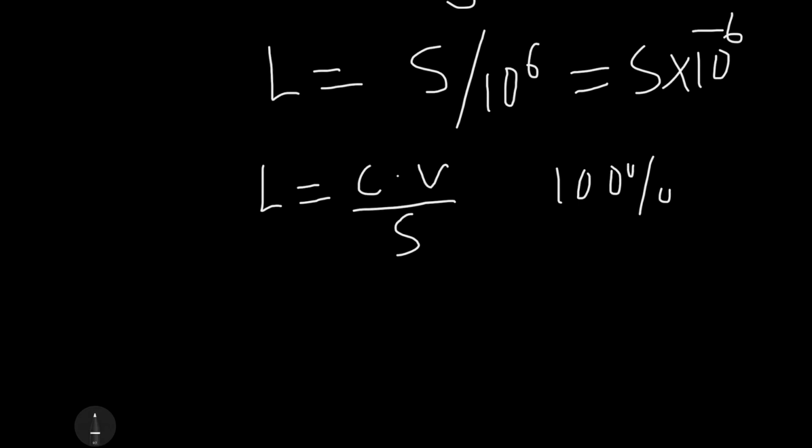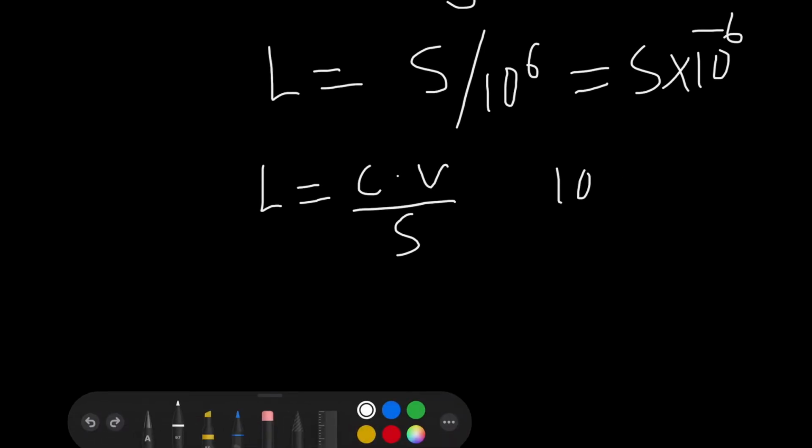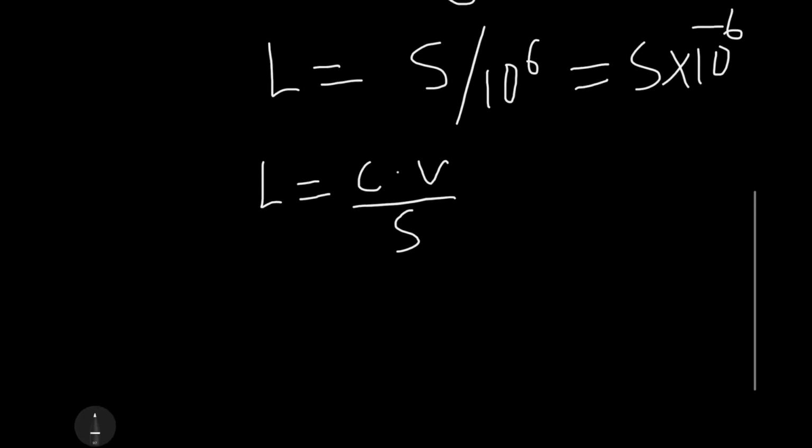Converting this 100% into a decimal fraction is just 1. So 1 multiplied by everything will just give us the same, so we can leave out the 100%. Okay, so now let's make V our subject of the formula.